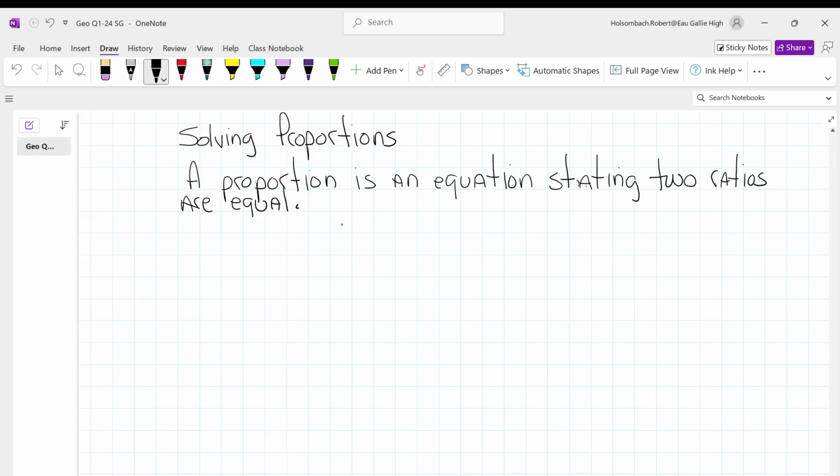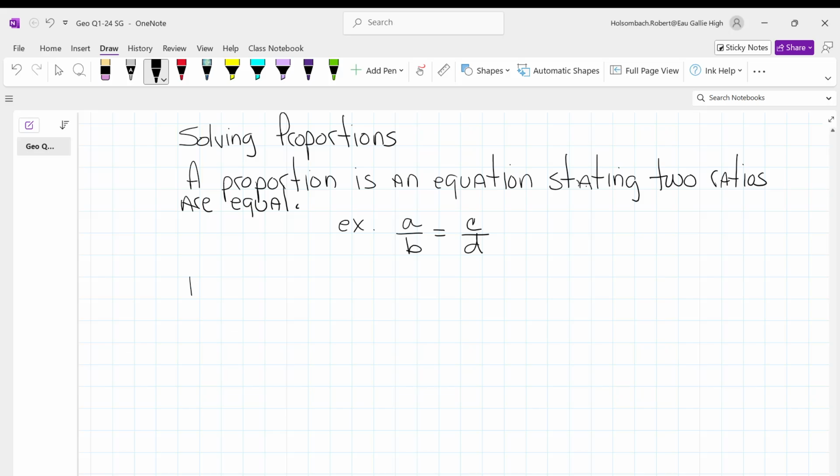All right, an example would be A over B is equal to C over D. One fraction equal to another fraction. That's called a proportion.